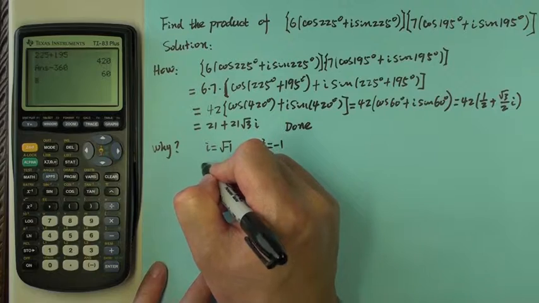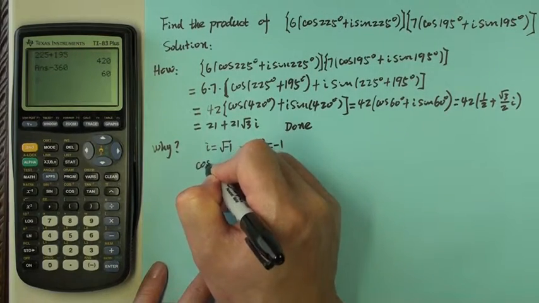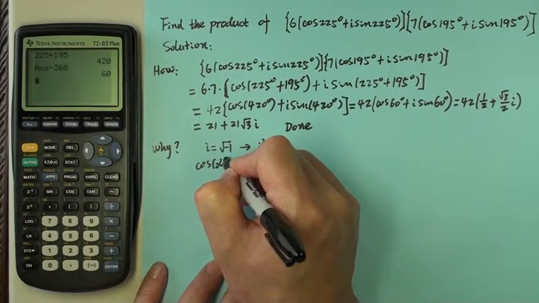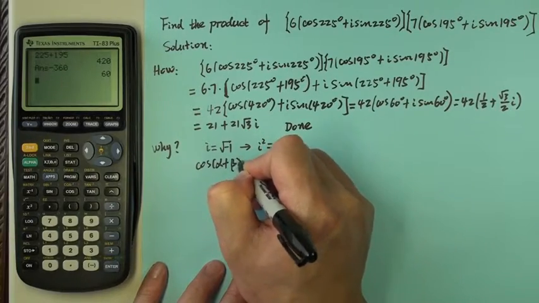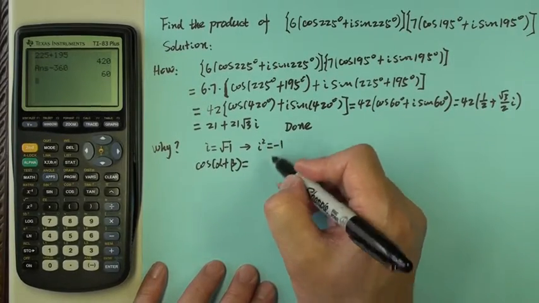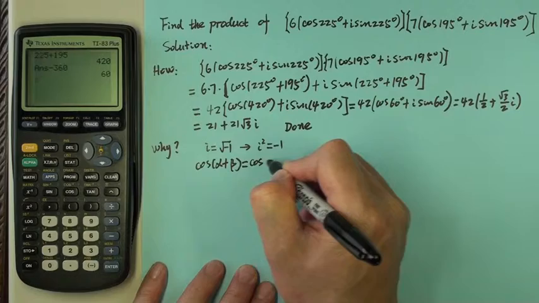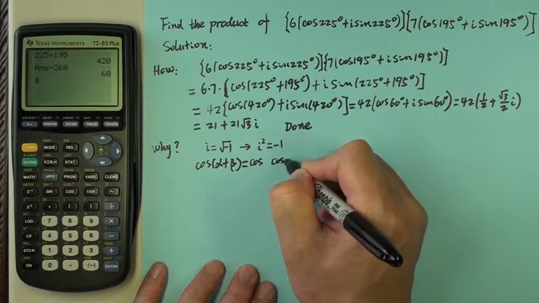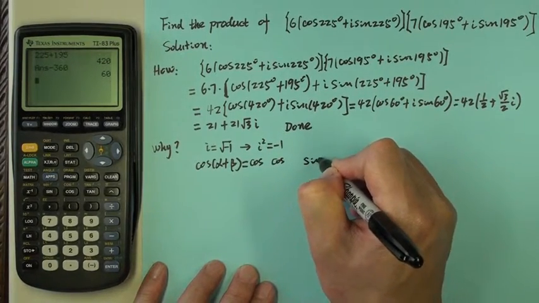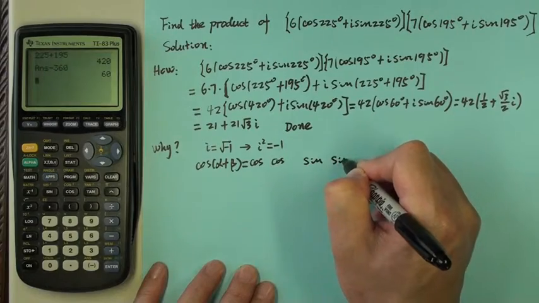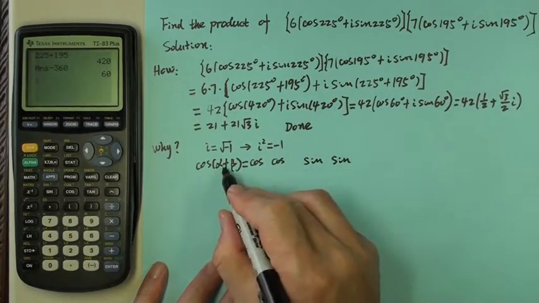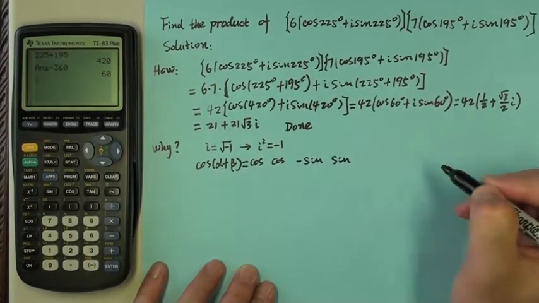Another thing we have learned before is cosine of alpha plus beta. If we remember, that will be cosine cosine, and then sine sine. Here is plus, and here is minus.